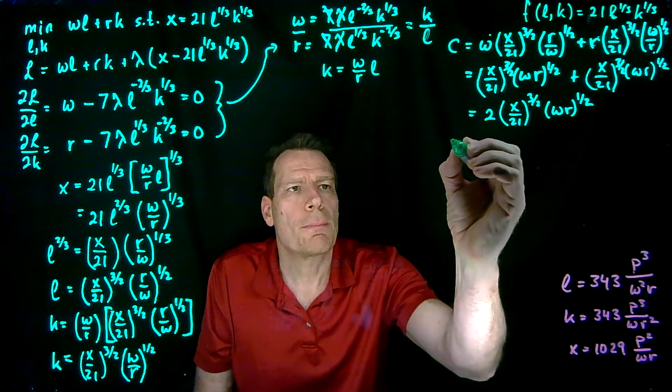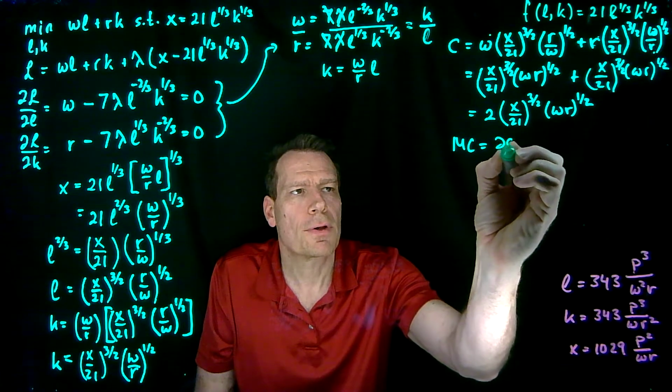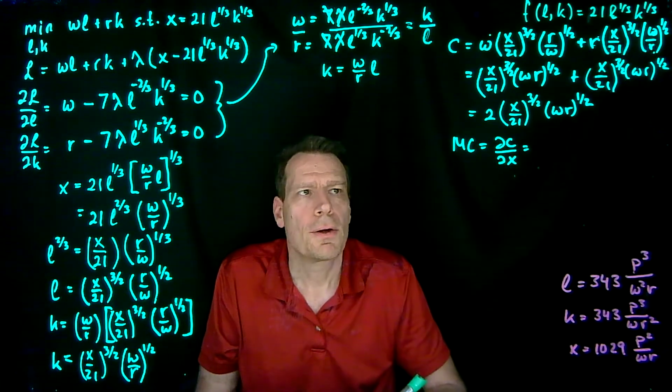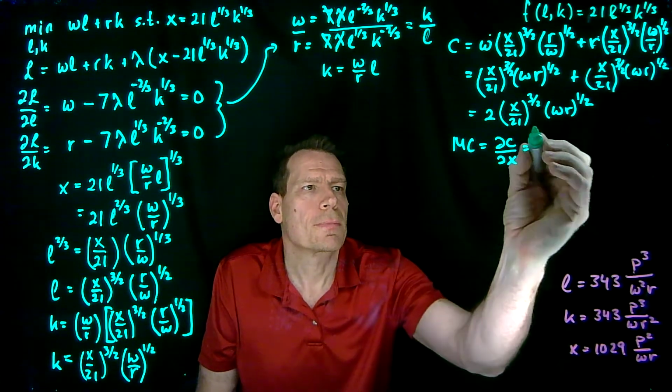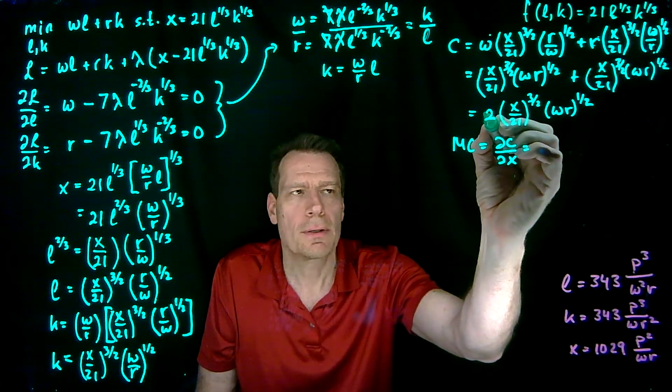So we have to figure out what the marginal cost is. The marginal cost is just the derivative of the cost function with respect to x. So we need to take the derivative of this with respect to x. So we have a 3/2 times 2, which will give us 3.